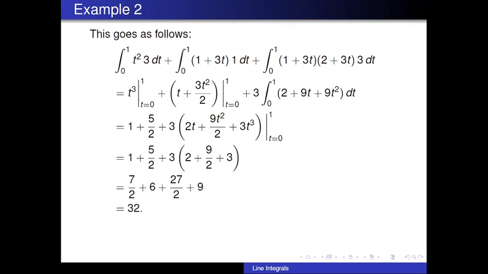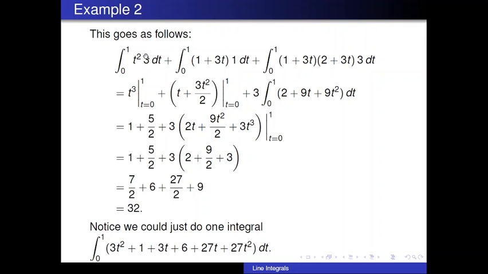So not so bad. It seems like maybe there's a tedious amount of individual pieces, but I think you can get around that by starting at your first step and consolidating everything into one integral as follows. You could just start with 3t squared, and then plus 1 plus 3t, and then plus 3 times the quantity 2 plus 9t plus 9t squared.